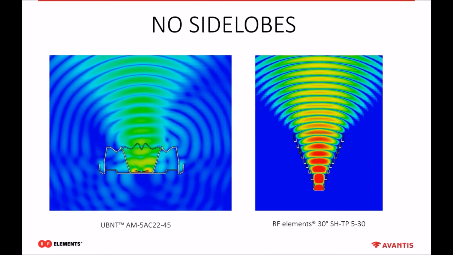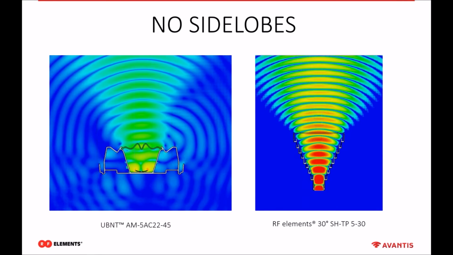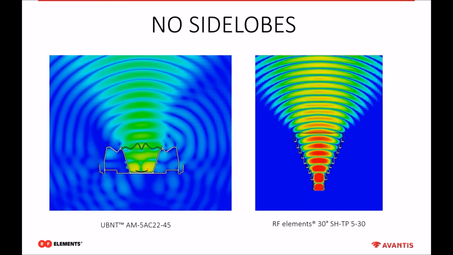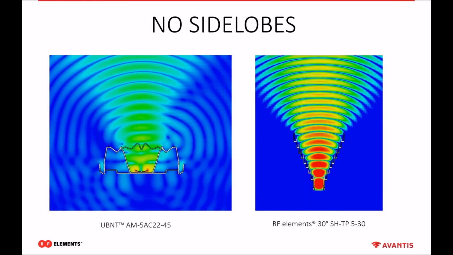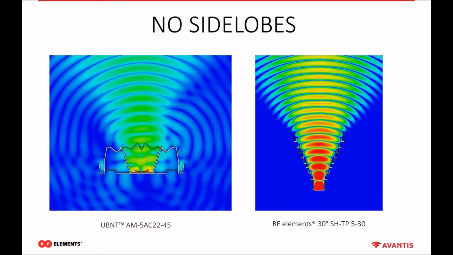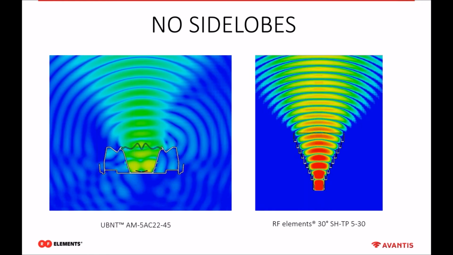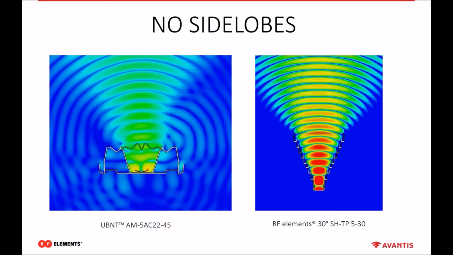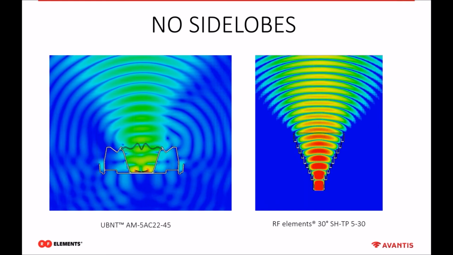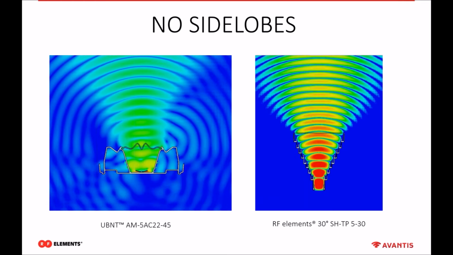Here you can see that there is slightly less side radiation, but still, even if this antenna comes with shielding, there is a lot of side radiation, something that you don't want to have on your side.